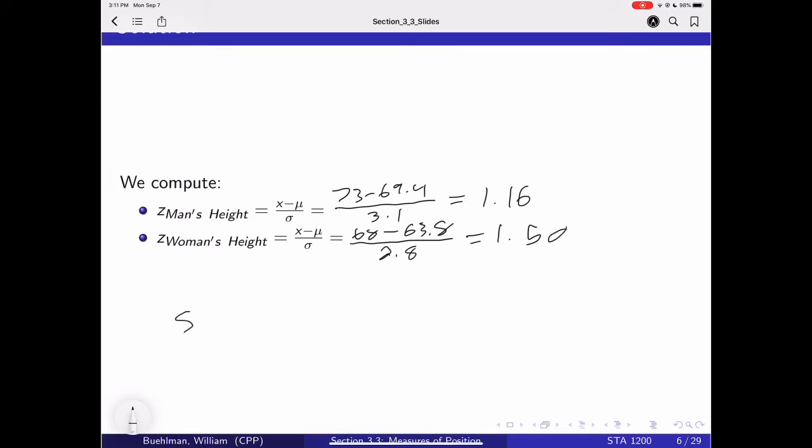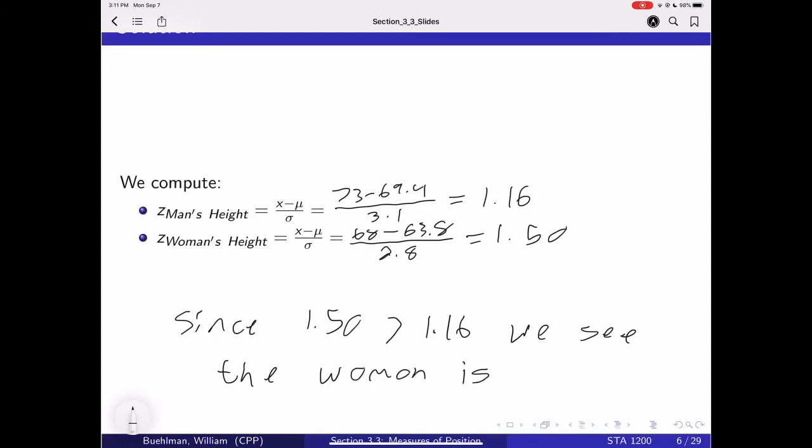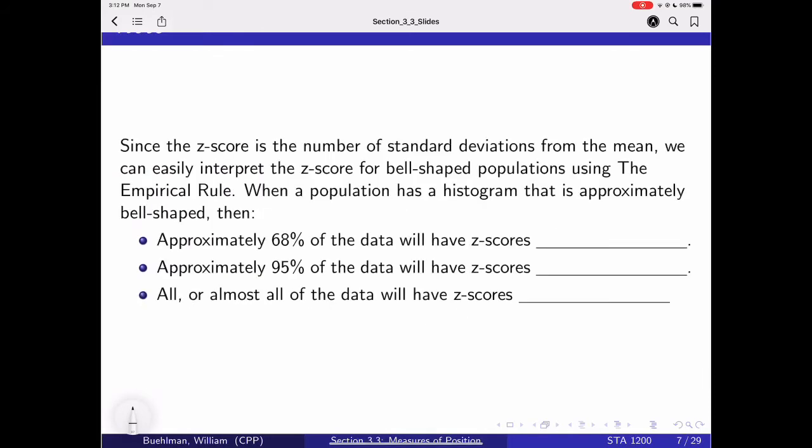So since 1.50 is greater than 1.16, we see the woman is taller compared to her gender.